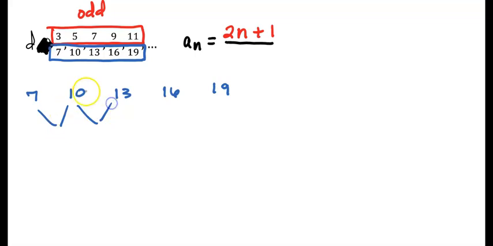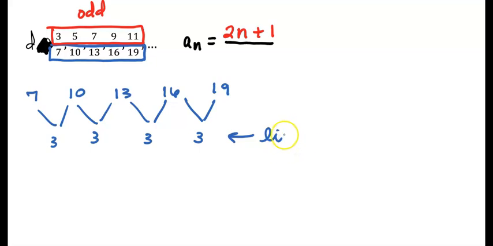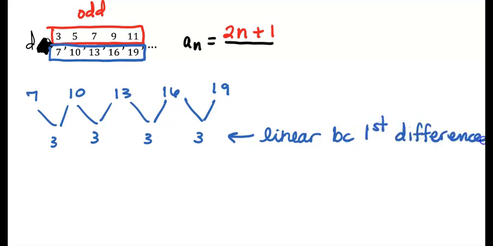We observe that when we subtract, for instance, 10 minus 7, 3, 13 minus 10, 3, all of these constant differences of 3 tells me that the rate of change is constant. So I know that it's linear because the first difference when we subtracted was constant.